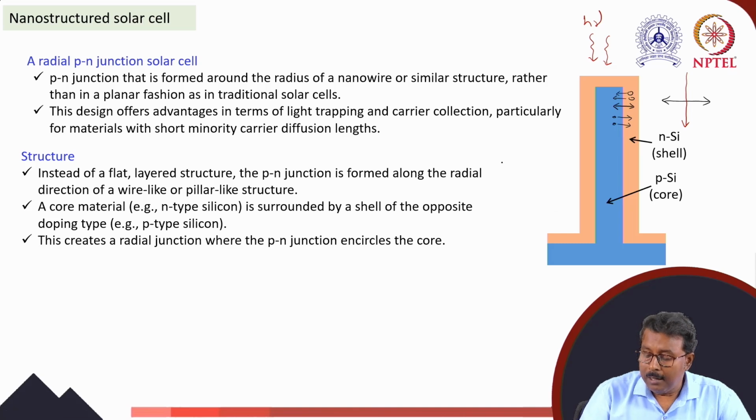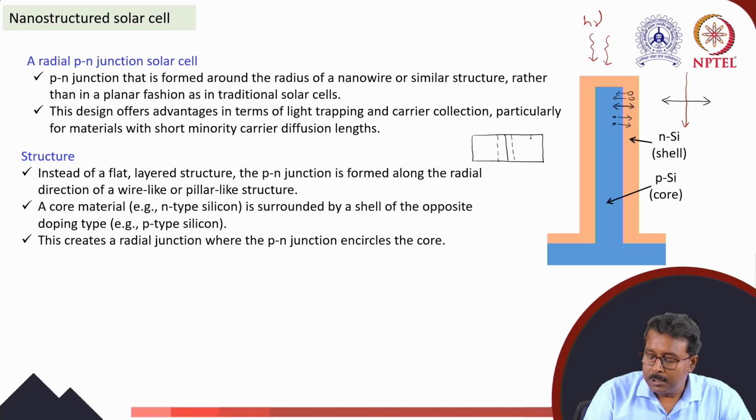In the case of a parallel or lateral p-n junction, if you see from the junction and from the depletion layer, suppose this is the diffusion length, this is Ln, this is Lp.